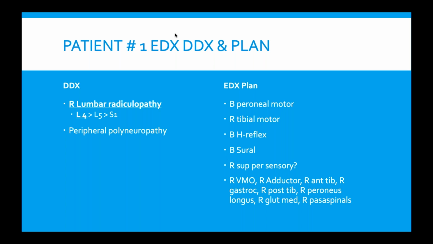So for my initial electrodiagnostic plan, I was thinking bilateral peroneal motor nerve, right tibial motor, bilateral H-reflex, and bilateral sural.